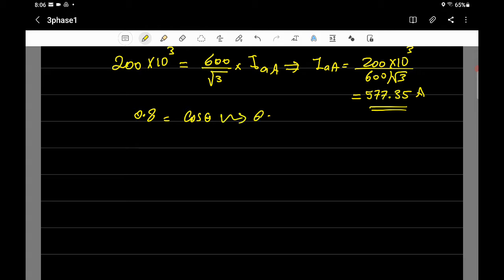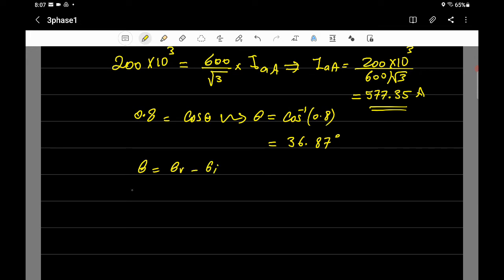Now you can find theta, equal to cosine inverse of 0.8. What you get is 36.87 degrees. But this is theta, not theta I. We know that theta is equal to theta V minus theta I.